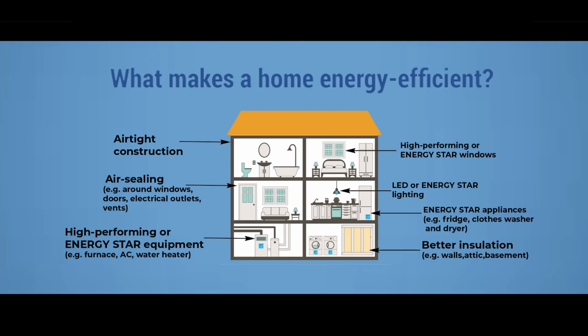The first one is at home, the second one is in the industries, and the third one is in transportation. Now if you look here, this is a schematic representation of using energy efficiency at household level, or at home. There are many things given which you may look at.